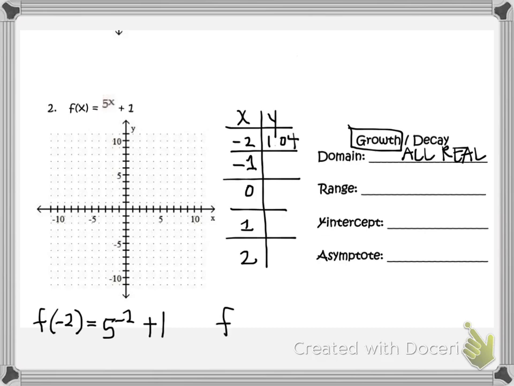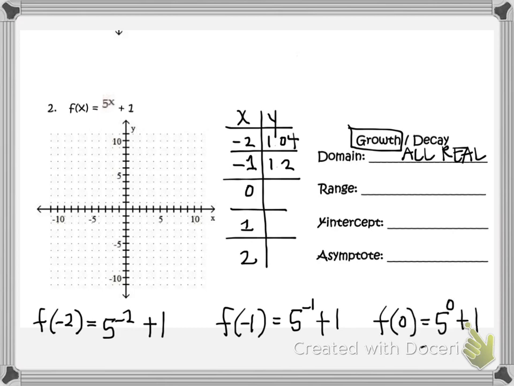Okay, if we plug in a -1, we're going to get 5 raised to the -1st power plus a 1. So this is 1 over 5, so that's a 0.2 plus a 1, so it's going to be 1.2. If you plug in 0 for your x, anything to the 0 power is always 1, so this is going to be a 2.